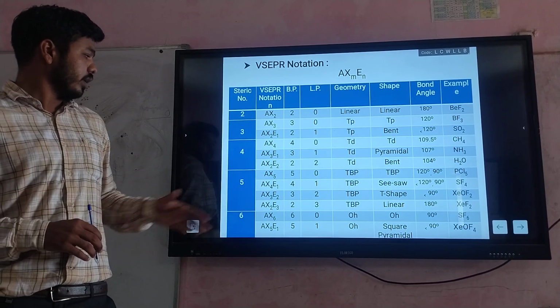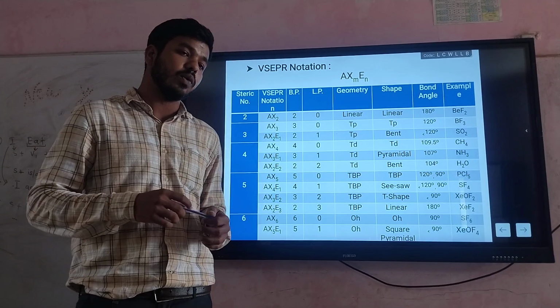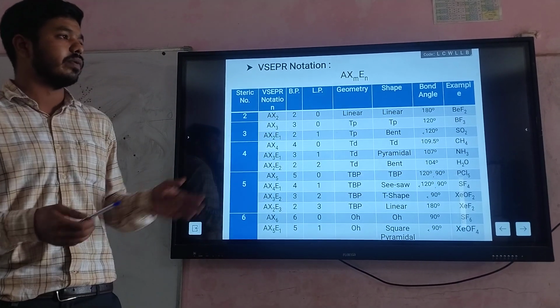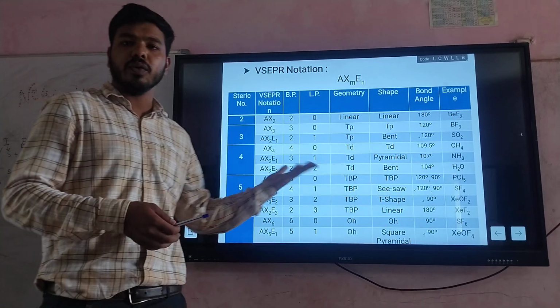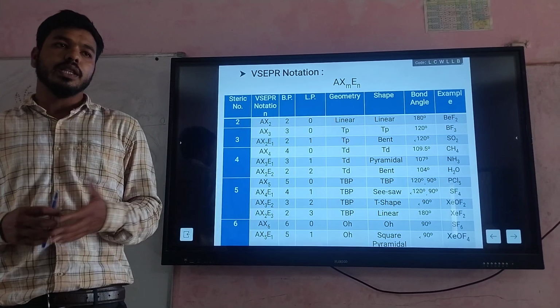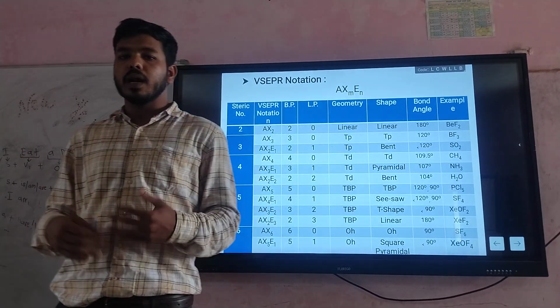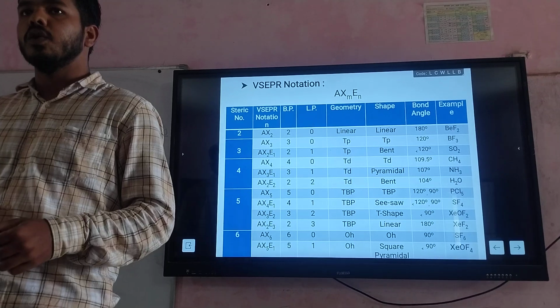AX5. In this molecule, all the electron pairs are bonded pairs, and the molecule shows trigonal bipyramidal geometry, and the bond angles between the bonded pairs are 90 degrees and 120 degrees. Then the second case, AX4E1. In this molecule, out of 5 electron pairs, 4 are bond pairs and 1 is a lone pair.